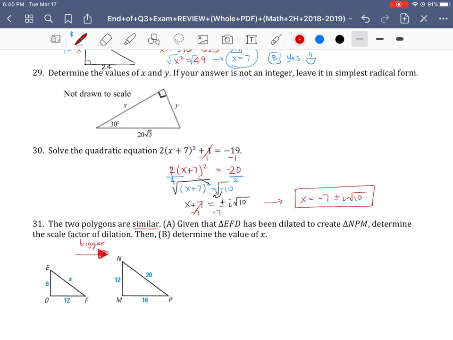So the first thing we're going to do is find the scale factor of dilation. So for part A, the scale factor we take one side of the dilated image and just divide it by what it was originally. So if I'm going to take 16 right here, it corresponds over here to 12. So I'm going to take 16 and I'm going to divide it by 12.